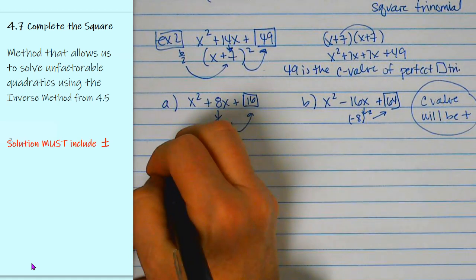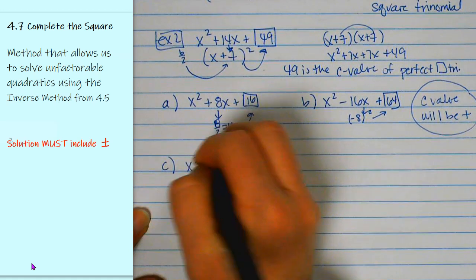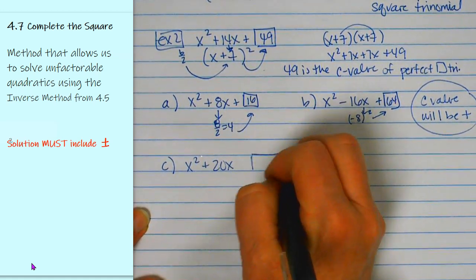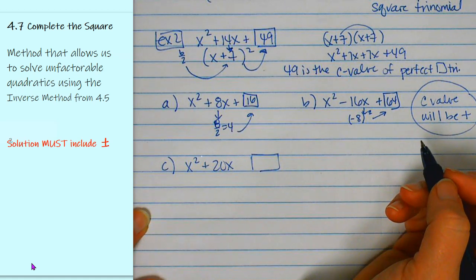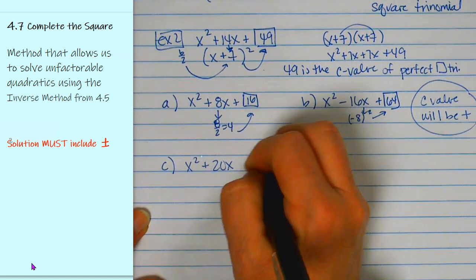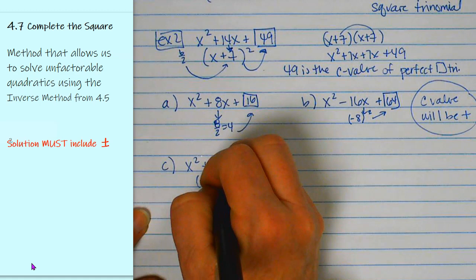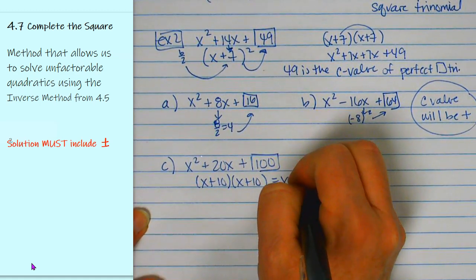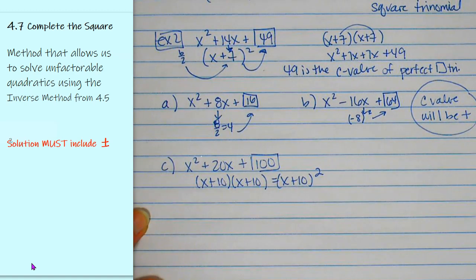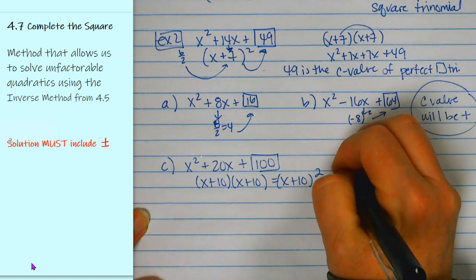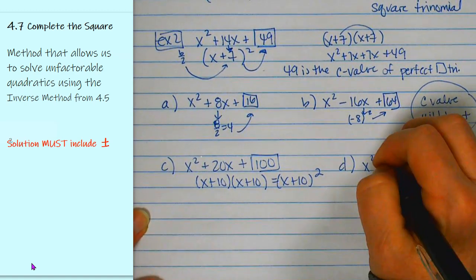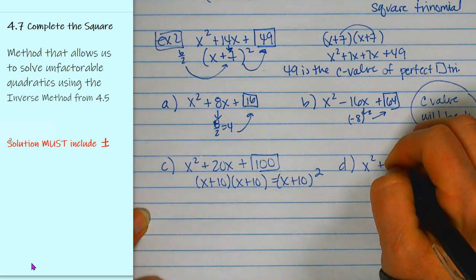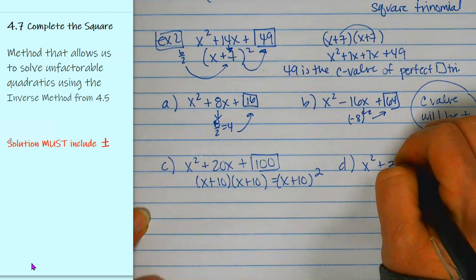Always. C, x squared plus 20x. What goes here? 100. It's going to be x plus 10 times x plus 10. That is x plus 10 squared. D, x squared plus, I don't know, 32x.